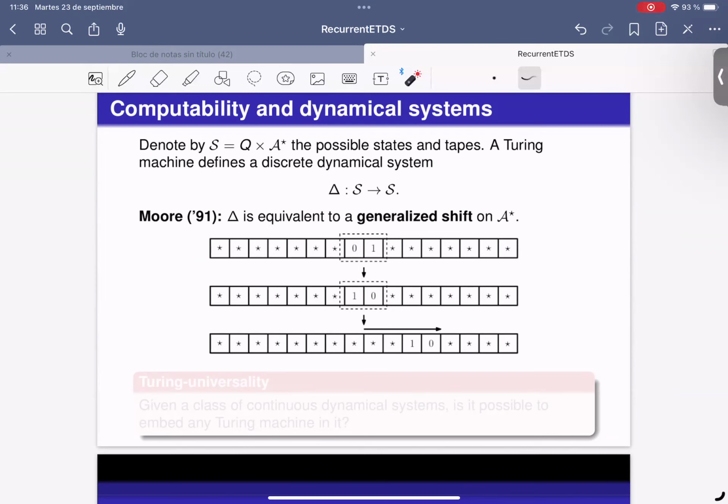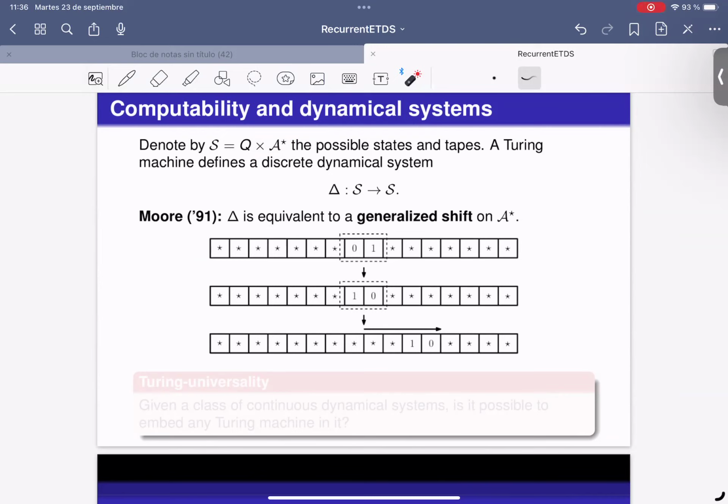So the point is the following. Here I'm being sloppy. A star are two-sided sequences, sequences that may have negative or positive indexes, and I'm supposing that the head of the Turing machine is always at position 0. I see.